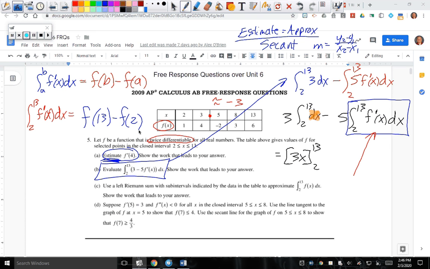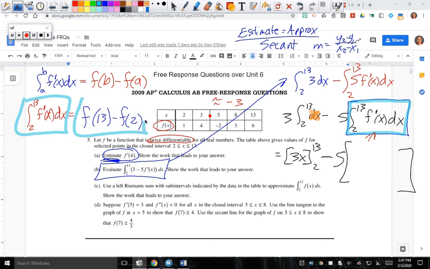And since you're taking the integral of the derivative, could you write it like 5 times f of x with the bar 13 to 2? Yep. So right here, guys, this is minus 5 times the integral from 2 to 13 of f prime, and that is right over here. So I'm trying to find this, which is that.